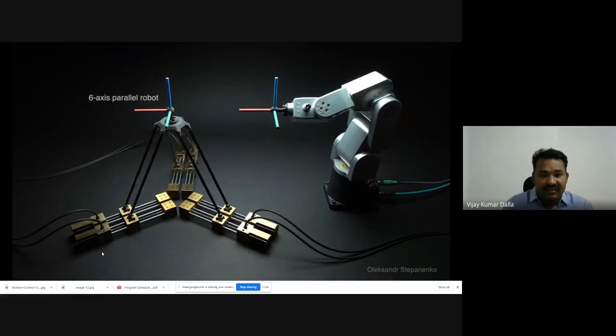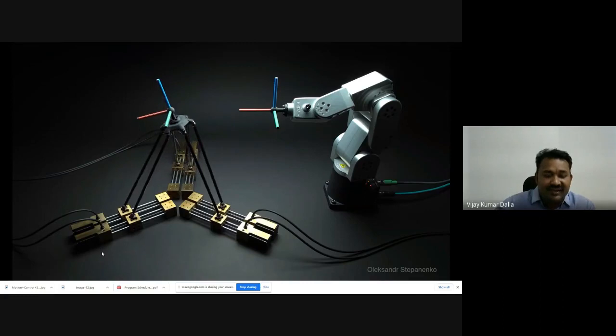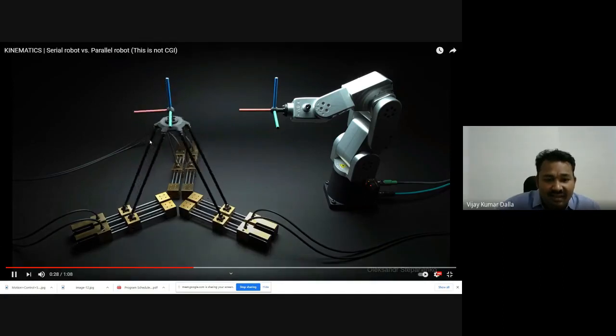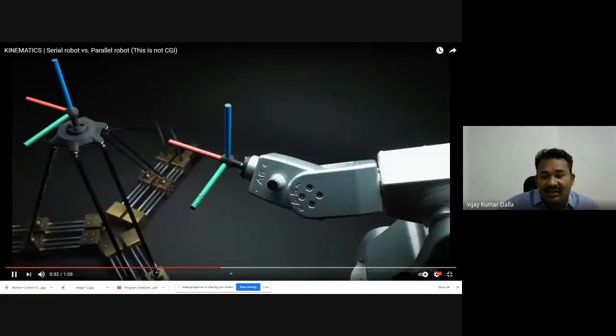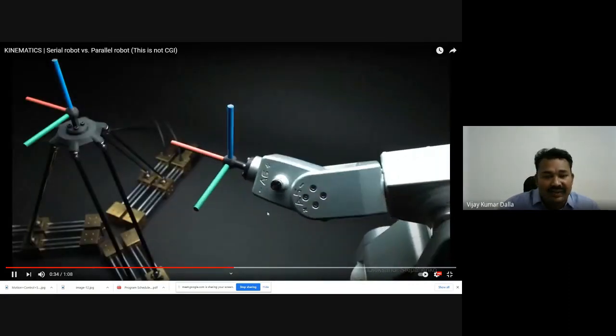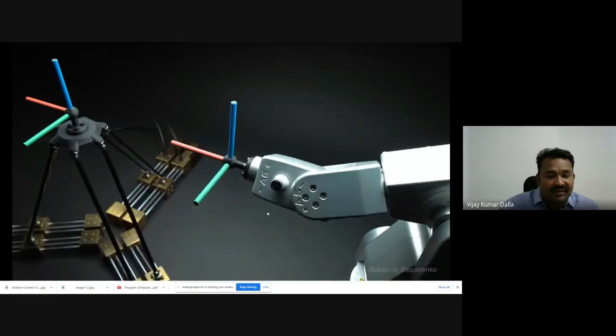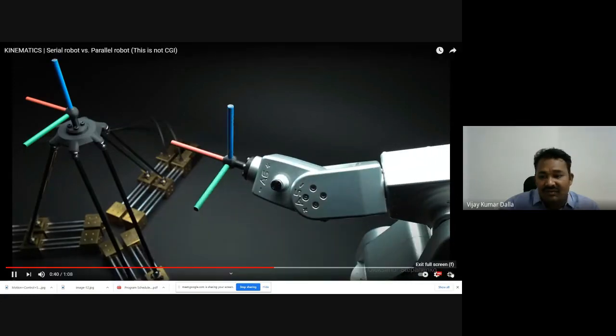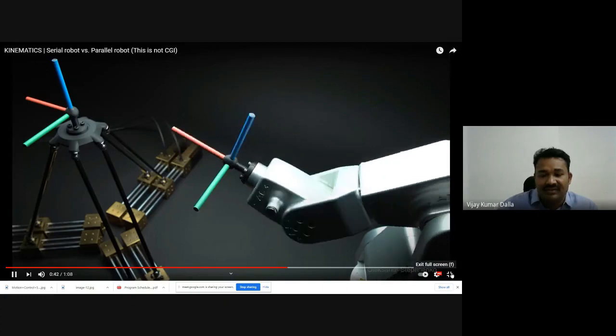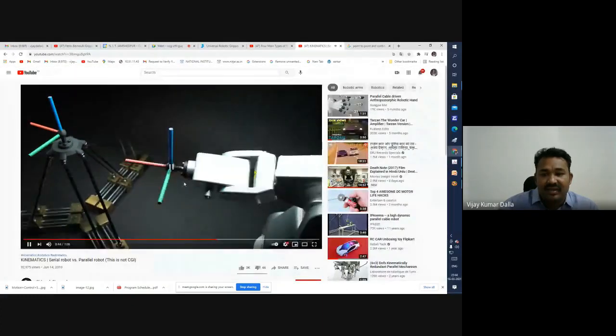Now the left side parallel robot is moving along its axis, and see, these are the serial manipulators. In this way, one can visualize. Now coming back to the PPT.